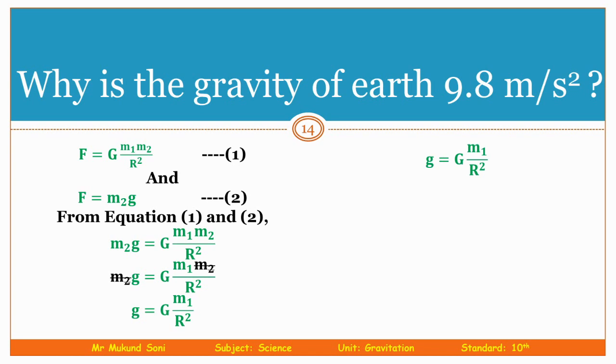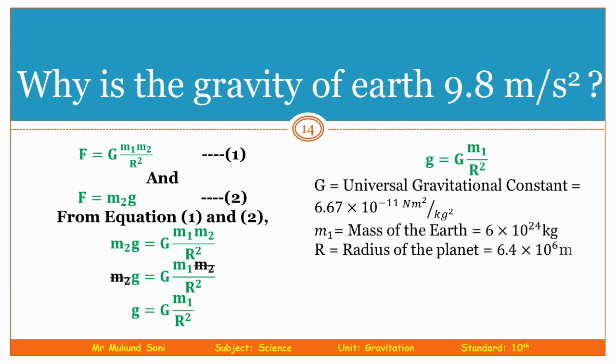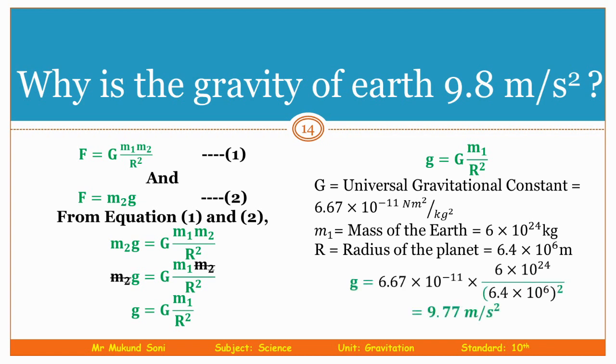That means the gravity is not dependent on the masses of the objects on the surface of the planet; rather, it depends upon the mass of the planet itself and the radius of the planet. Now let's put in all the values from the previous example, and putting them into the formula, you get the result as 9.77 meter per second square.